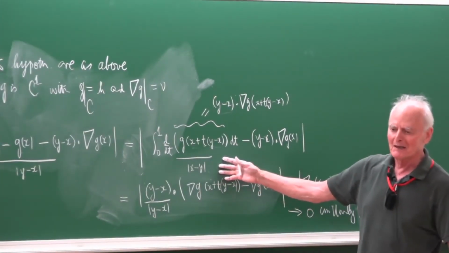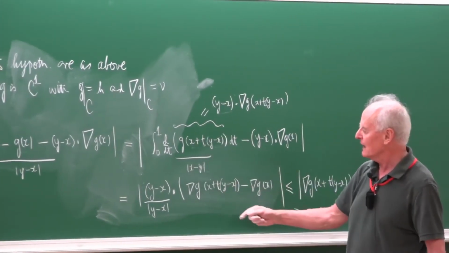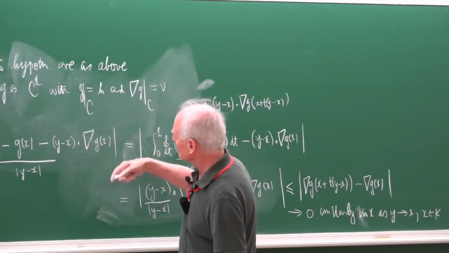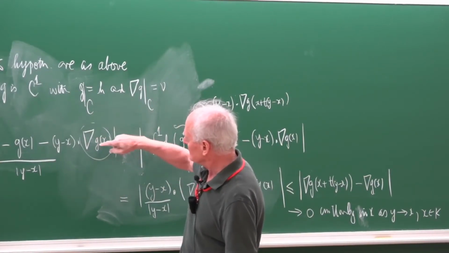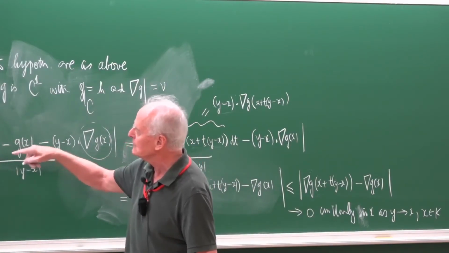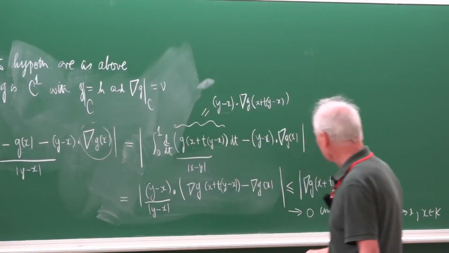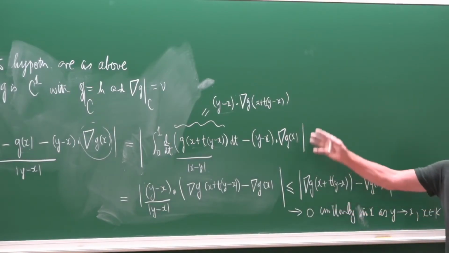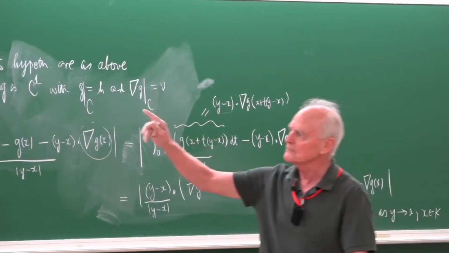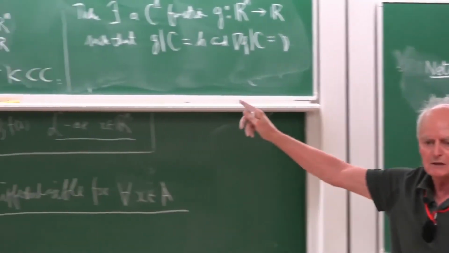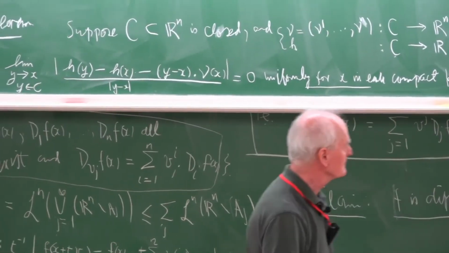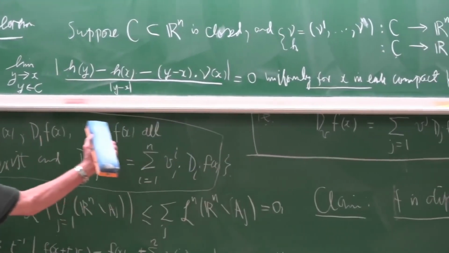But he worked out that you'd need to have a function to play the role of grad g, and another function to play the role of g on this closed set C. And the natural hypothesis is that this difference would have to tend to 0 uniformly. So this is not only a sufficient condition for the existence of a g, it's also necessary. It's equivalent to the existence of a g. So this condition makes perfectly good sense. There's nothing odd about it.